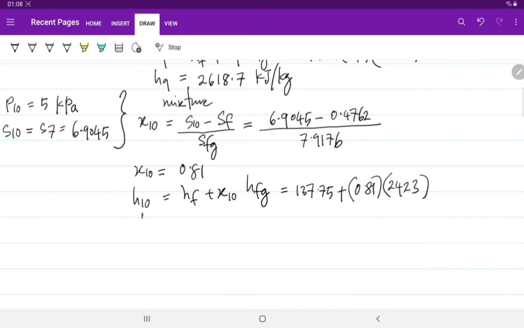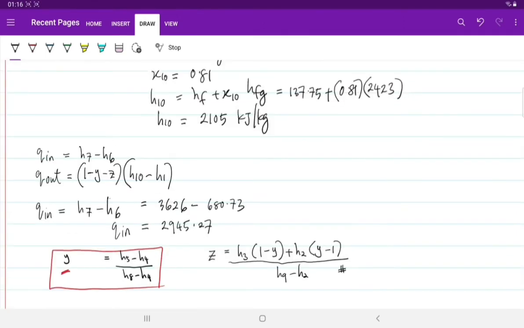So you have H10 equals 2105 kilojoule per kilogram. Okay, once we obtain all the properties, then the rest is fairly straightforward.